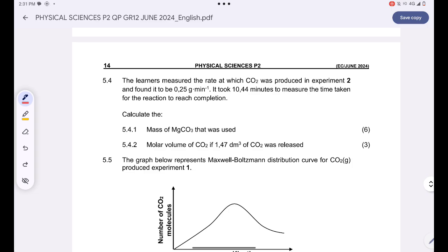It took 10.44 minutes for the reaction to reach completion. They want us to calculate the mass of magnesium carbonate that was used.